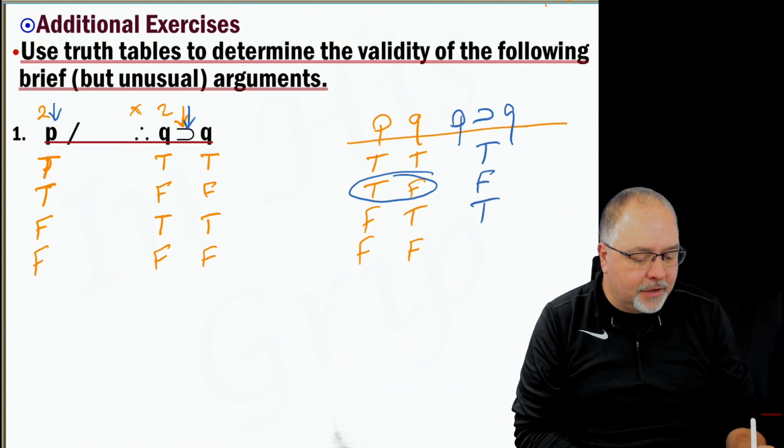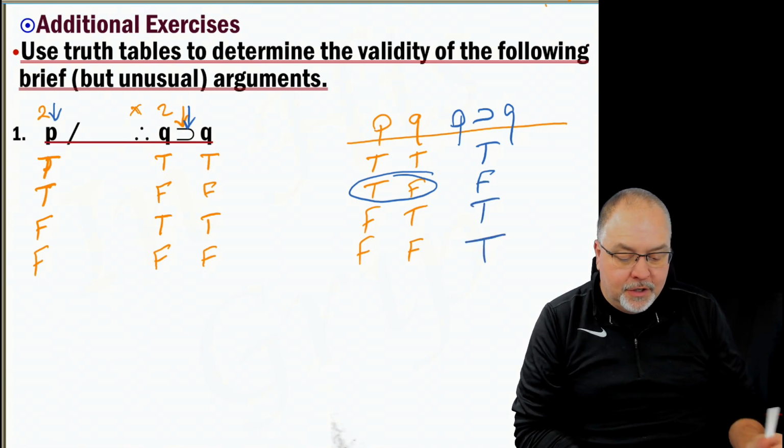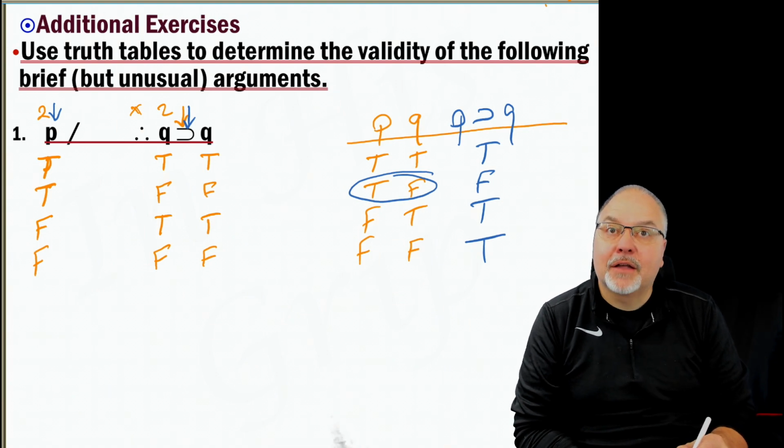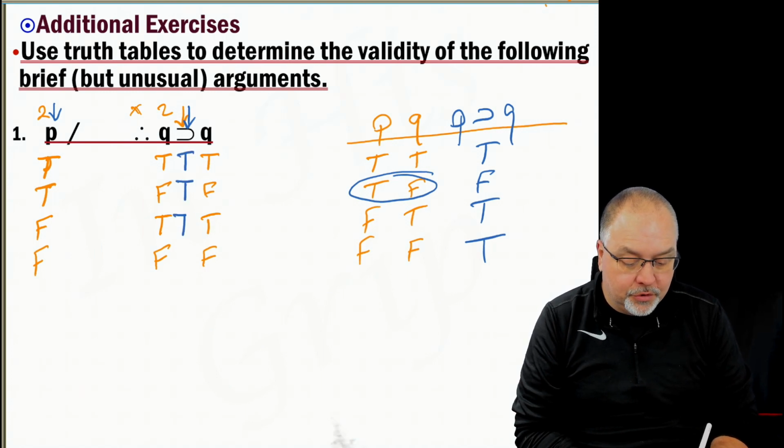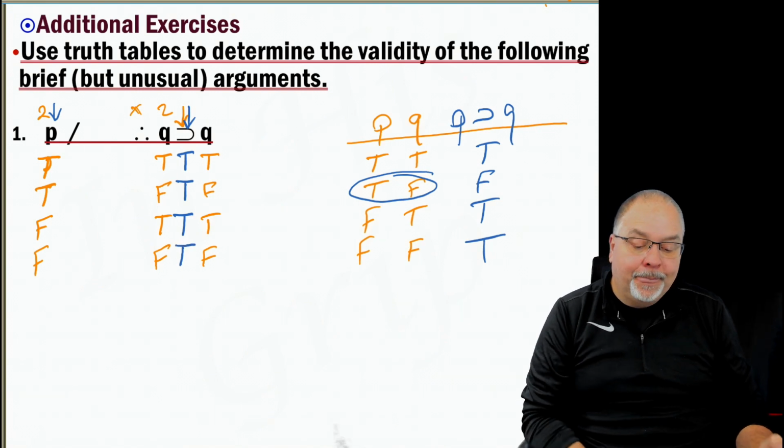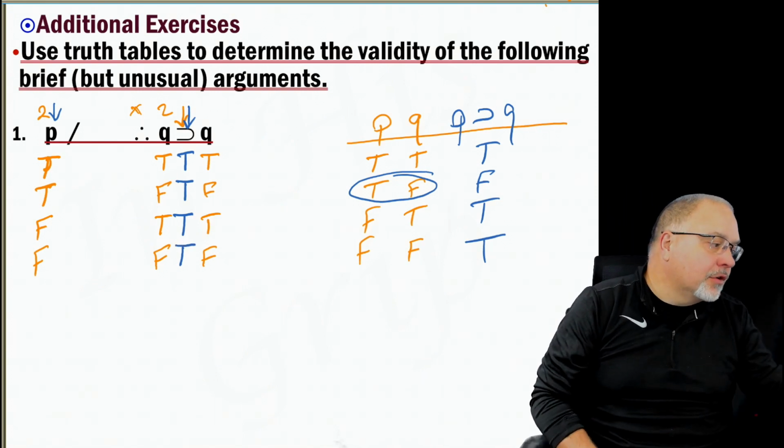All the other lines are true for conditional. So when I come back to under the conditional here, it's true, true, true, true, right?